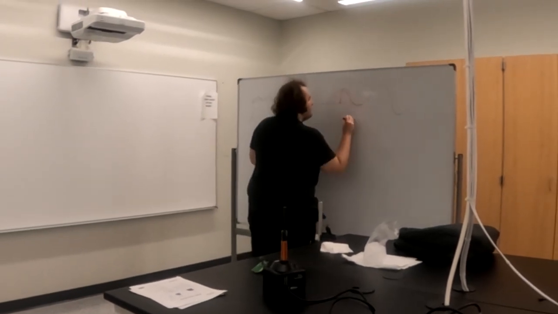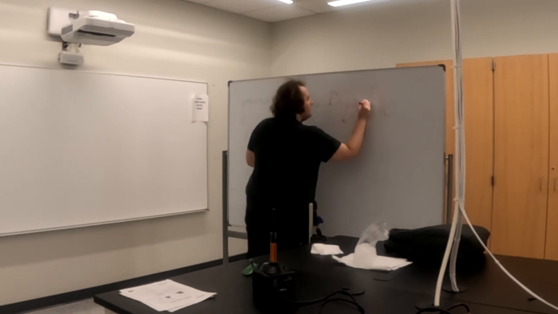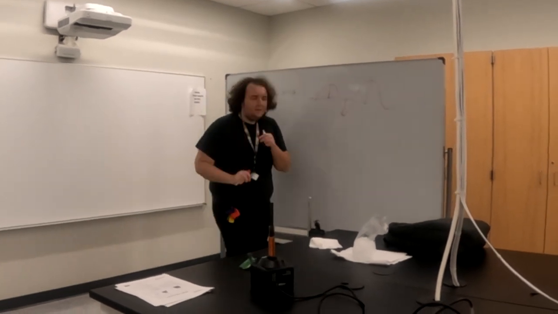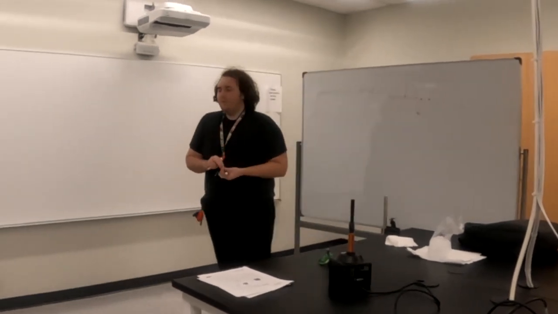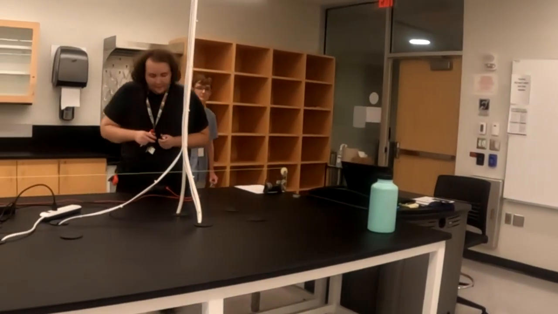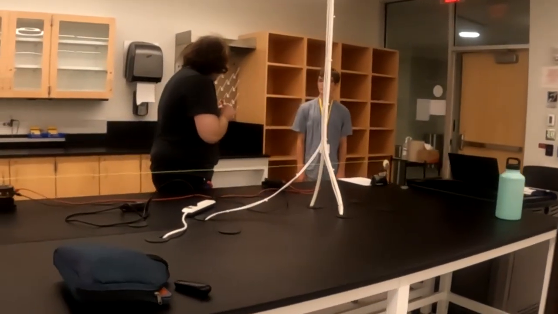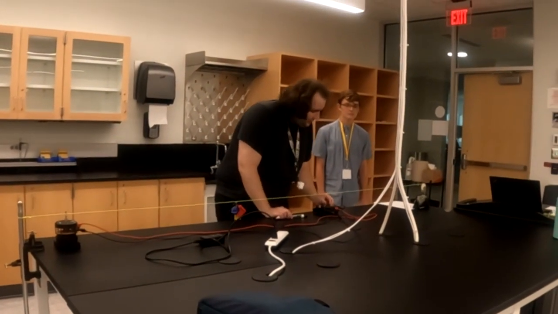So this will be the amplitude. These little points, these are called nodes. And we'll see that when we generate these standing waves at a specific frequency, we'll have these nodes in the middle.